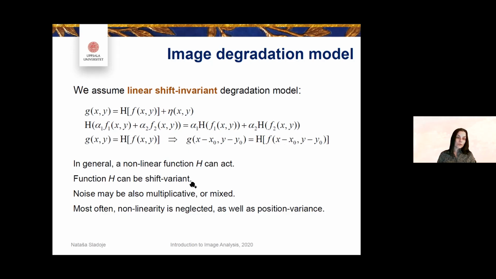Of course, as already commented, it is not always the case that the degradation we have in reality is linear, and it is not always shift invariant. So these are simplifications that we use in order to derive some theoretical results that can be used to approximate and model a number of relevant situations. Finally, we also assume additive noise in this model, where we already commented that noise is not always additive.